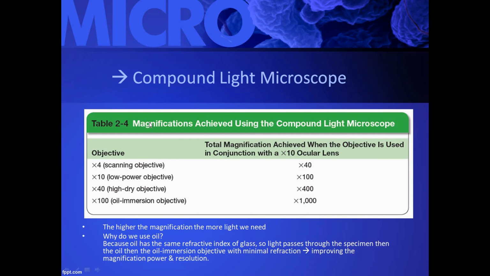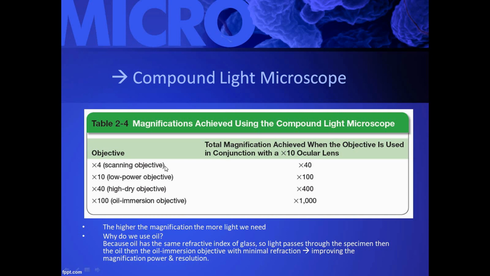The magnification of the compound light microscope can reach up to 1000. How is that possible? As I just said, we have 2 magnifying lenses, the objective lens and the ocular lens. The objective lenses are of four types.